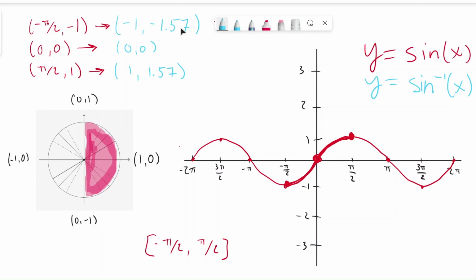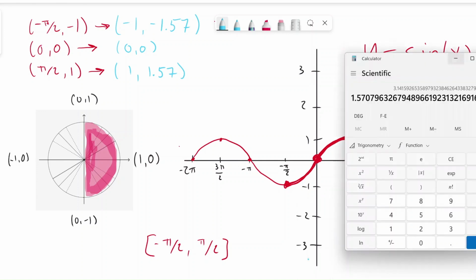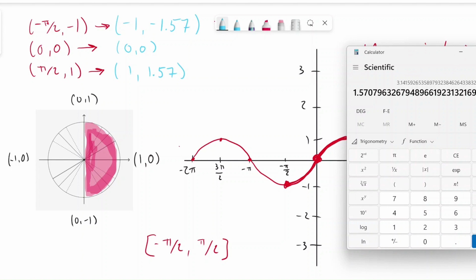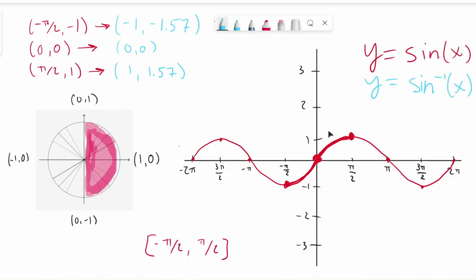And I wrote down 1.57 because it's easier to graph it that way than just trying to figure out where negative pi over 2 is going to be on this y-axis because it's not really configured that way. And just to prove it, pi divided by 2 is 1.57. And with those, we can now go ahead and graph.